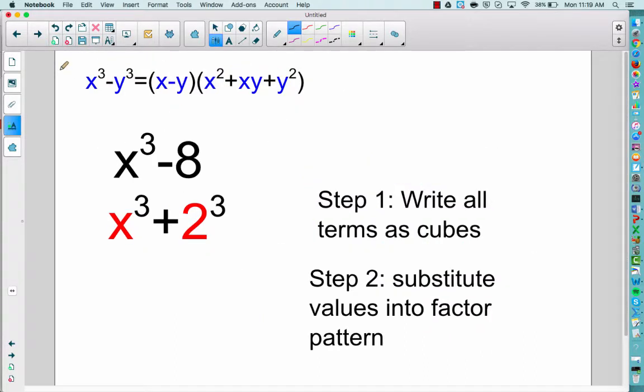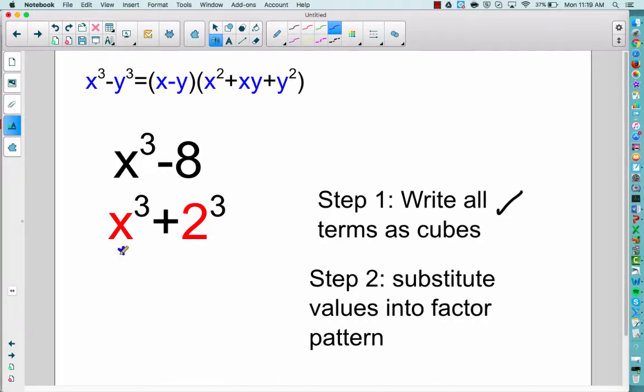All right, let's try another one. Step 1: now we're looking at the difference of cubes, so I wrote the pattern for us. If you've got x cubed minus y cubed, the factor pattern is x minus y times x squared plus xy plus y squared. Step 1, write all terms as cubes. x cubed was already written as a cube, so I changed 8 to 2 cubed.